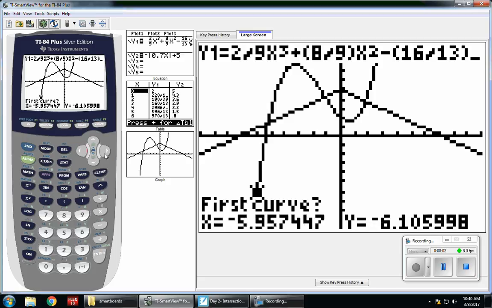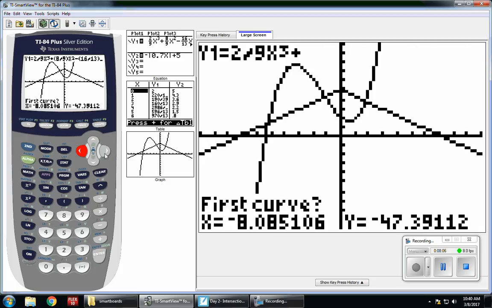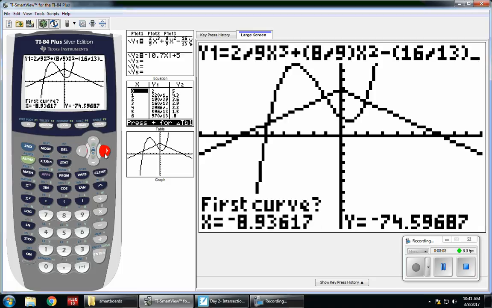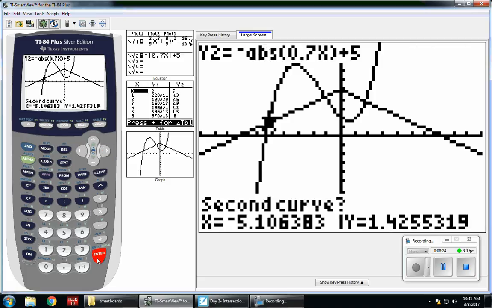Yep, and I hit it too many times. It went too far. So give me a minute to get it back. All right, so now I have my blinking cursor as close as possible to that point of intersection. I'm going to hit enter 3 times.